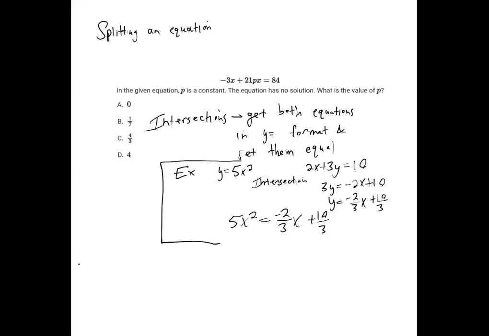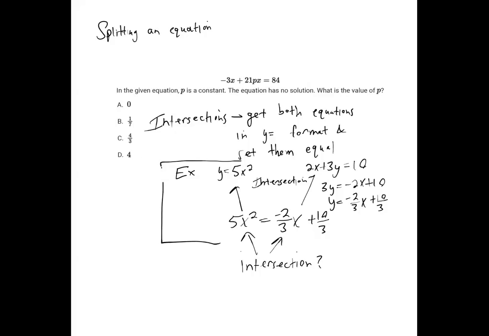So now the flip side of that is if I see something that's already set equal, I can ask myself, was that an intersection? And if it is, then that means I can go back to seeing them as two separate functions. And that's what we're going to do here.